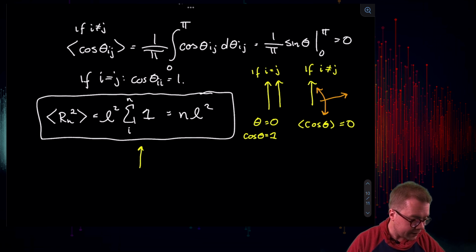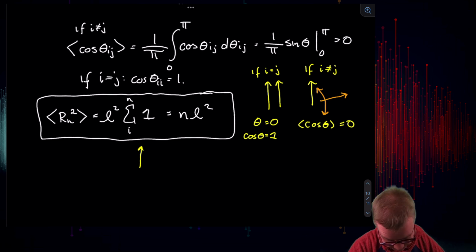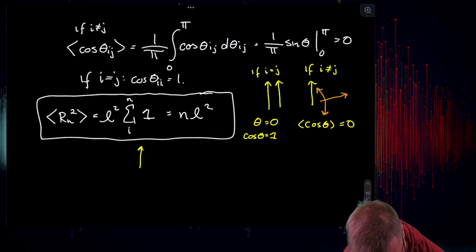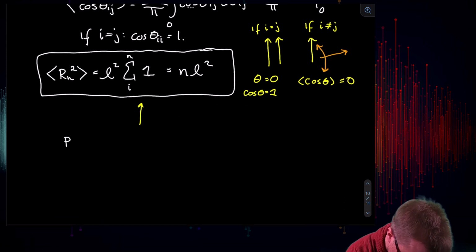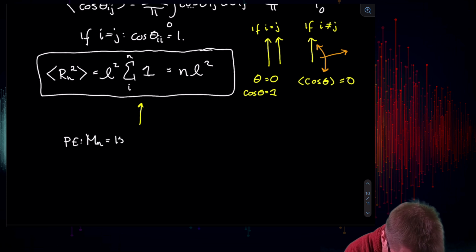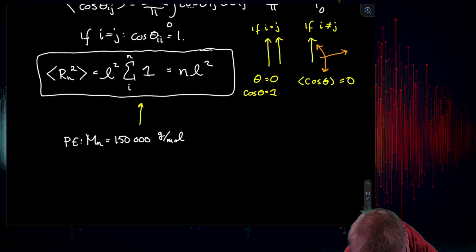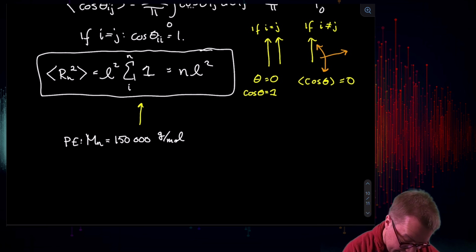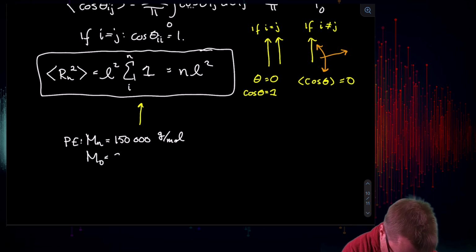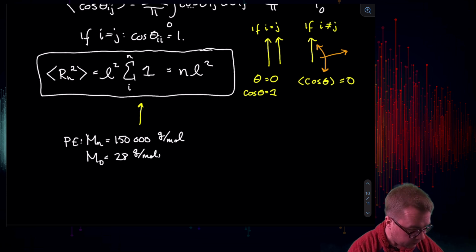So let's look at what that means. Let's go back to our polyethylene example. Okay, so again, we've got polyethylene. The molar mass is 150,000 grams per mole, and the mass of the monomer, M0, is 28 grams per mole.